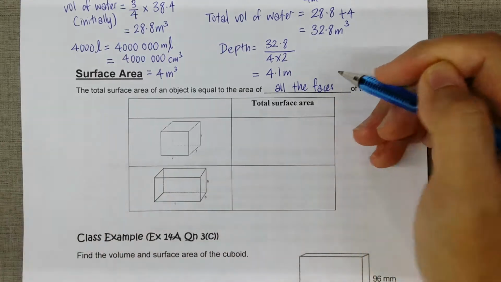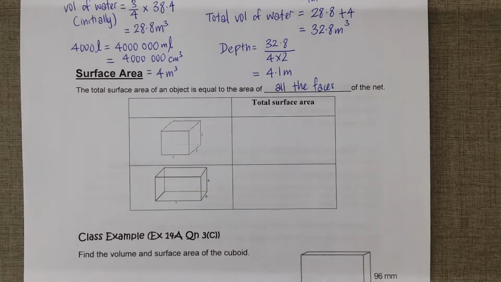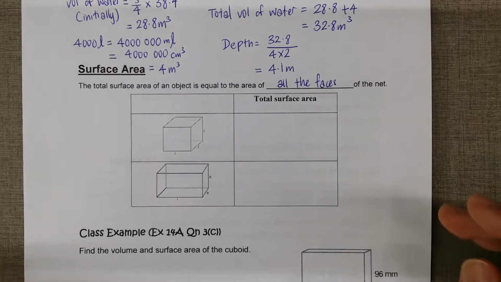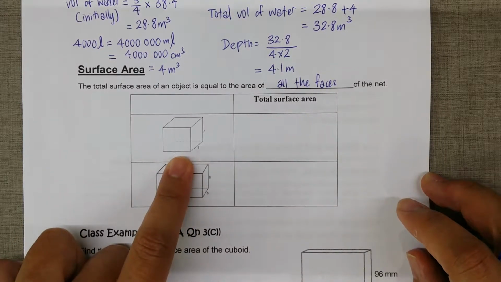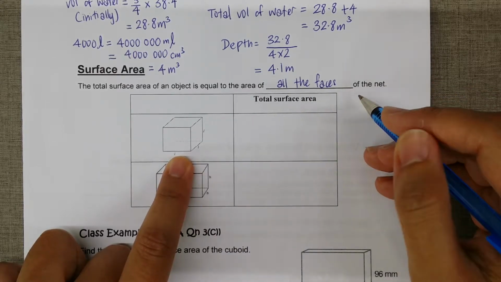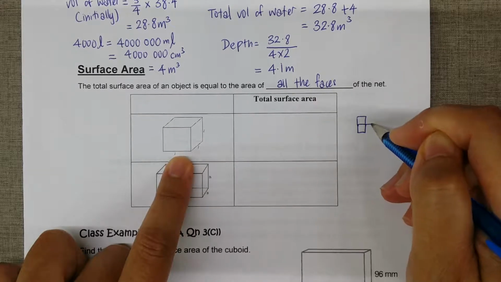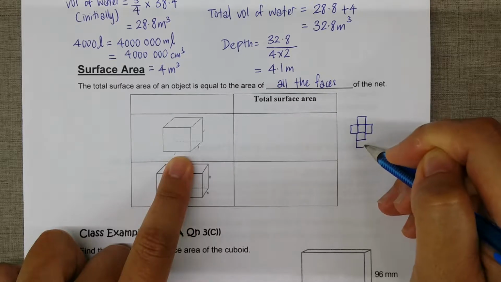Remember, on pages 2 and 3, we studied the net diagram. How do we draw the net diagram? For now, let's imagine you have a cube here. We open up the cube, we will get this net diagram. It will look something like that.